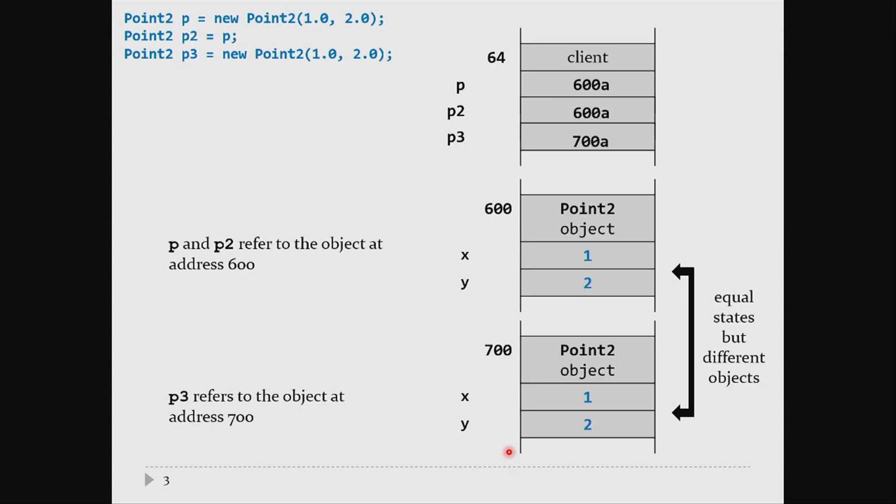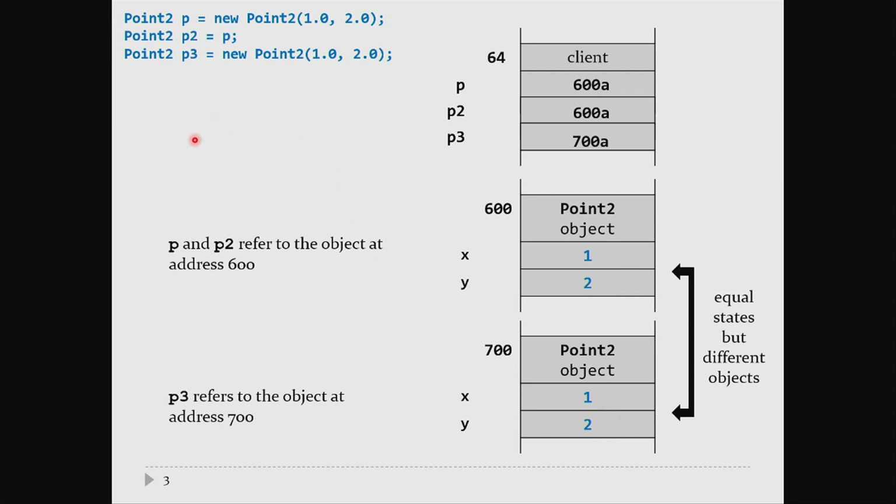So this is what's going on in the memory diagram. Here's p. So p refers to the object at address 600. p2 also refers to the object at address 600. p3 is a new point, and it refers to the object at address 700. Notice that their coordinates are the same, but they're different objects.